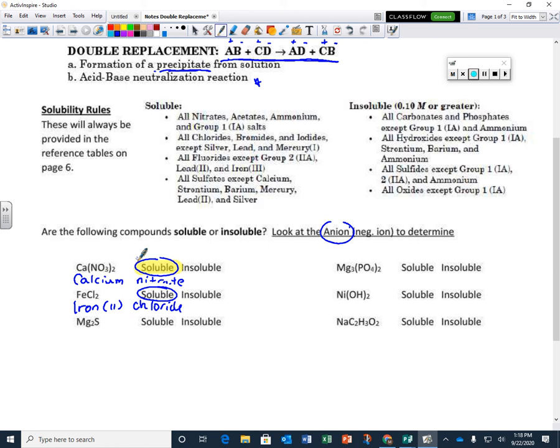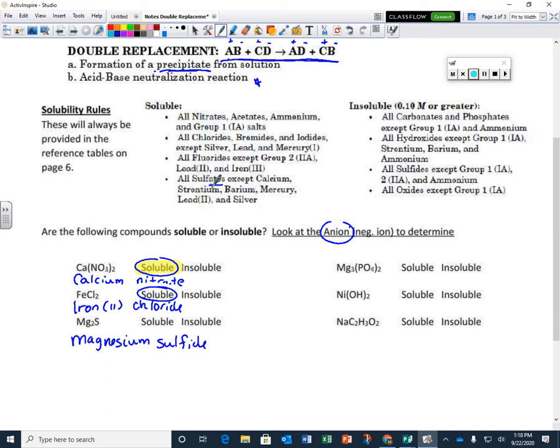Mg2S, this compound name is magnesium sulfide. We learned this last unit. So we find the word sulfide. Be careful, here's the word sulfate. Here's where if you don't know your nomenclature, this is going to kick your behind.